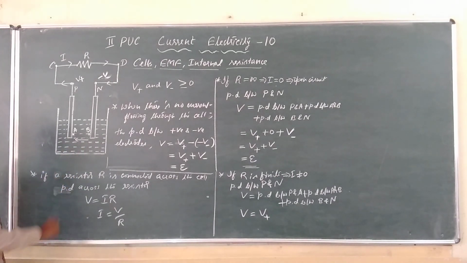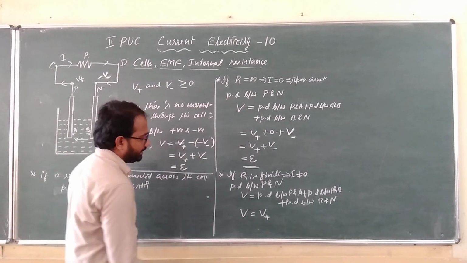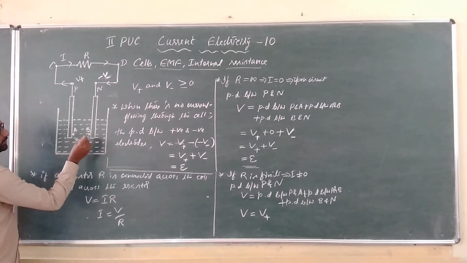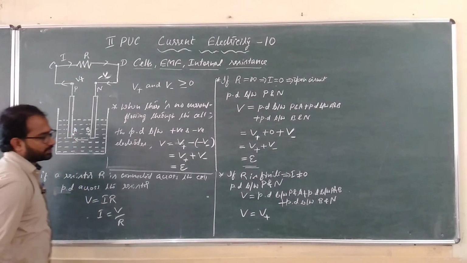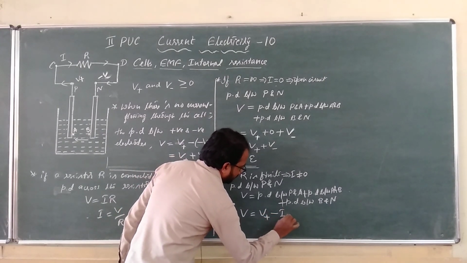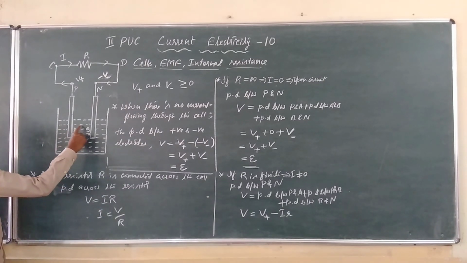If there is a current flowing through this cell, then there is a potential difference between A and B. But current flows from the negative electrode to the positive electrode, that is from lower potential to higher potential. Therefore, the potential difference is minus the current into the resistance offered by the electrolyte solution, which is called internal resistance.